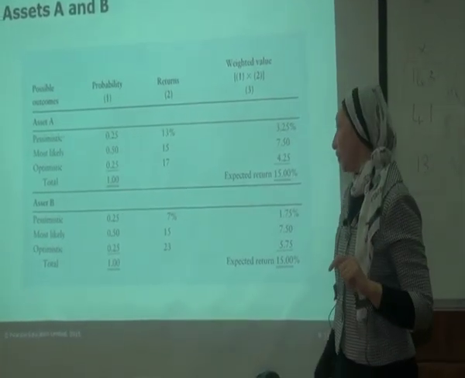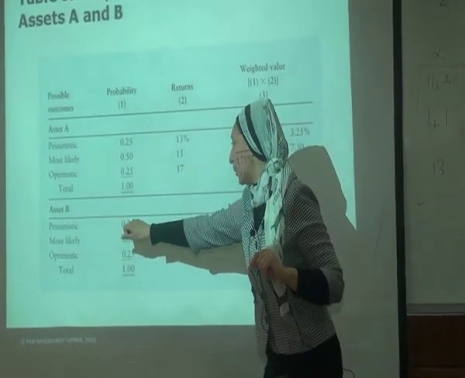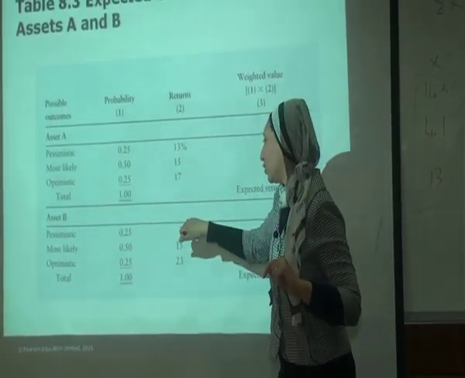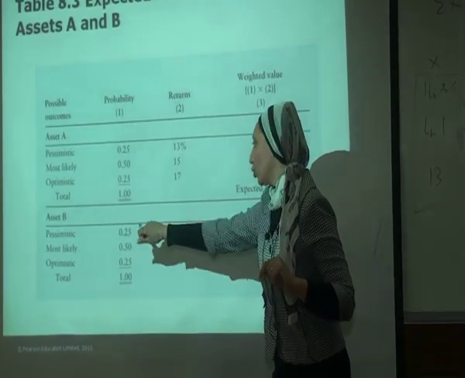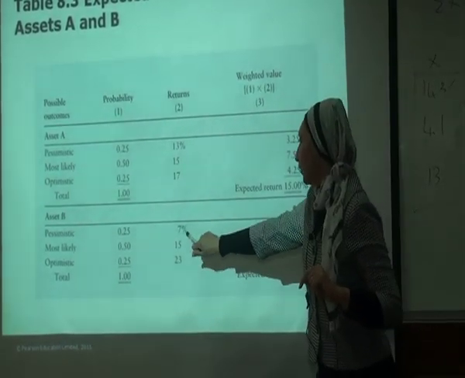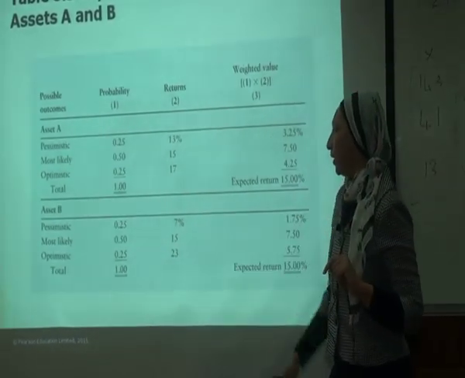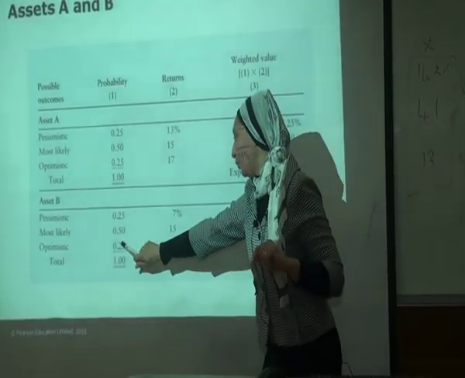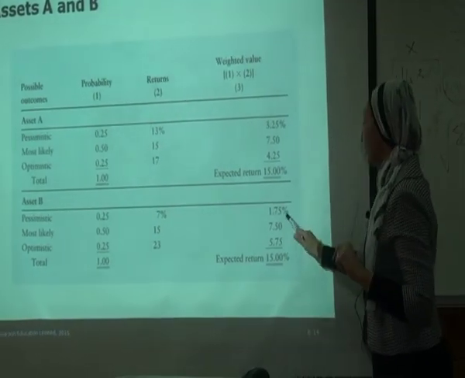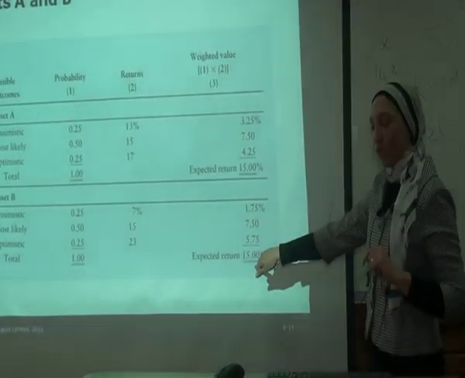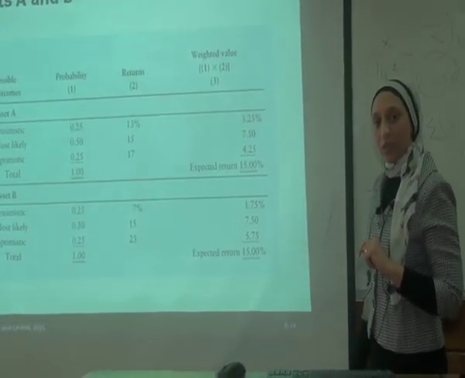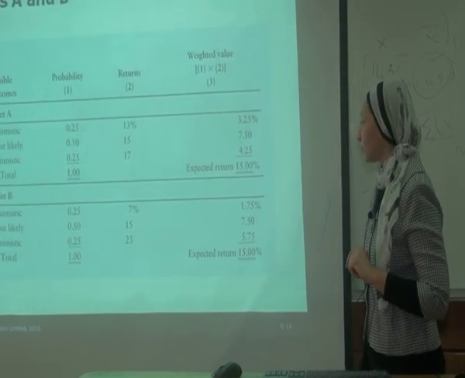So to get the average return, you need to multiply the probability of occurrence by the return, as we did here. So 25% by 7%, plus 50% by 15%, plus 25% multiplied by 23%, and you will get the summation. This is the average return of this stock.